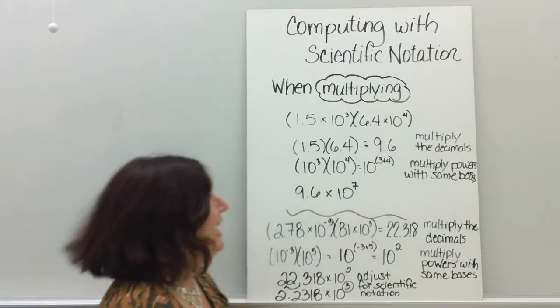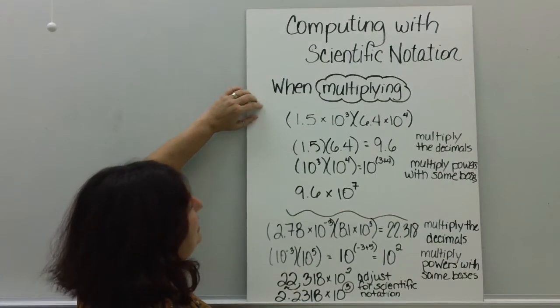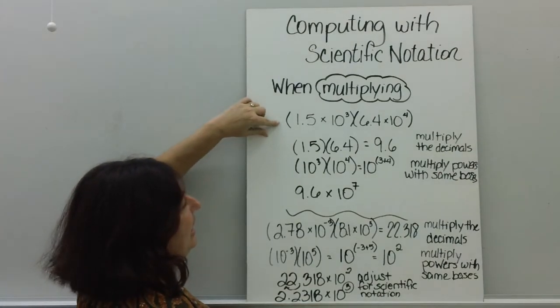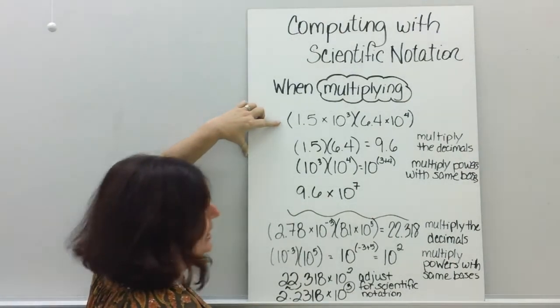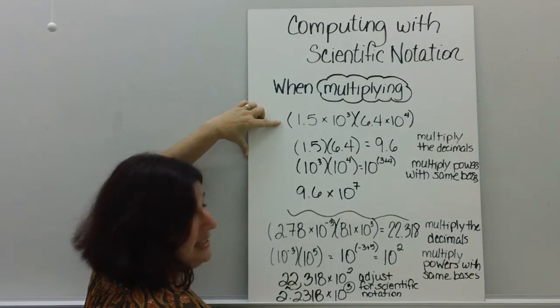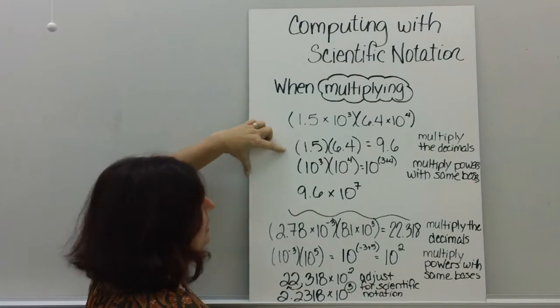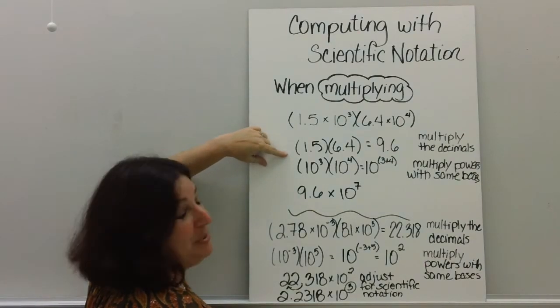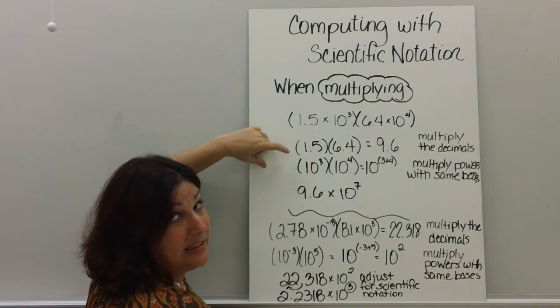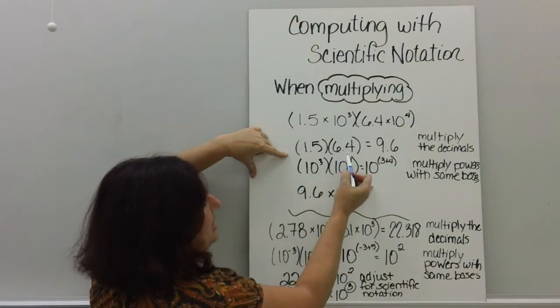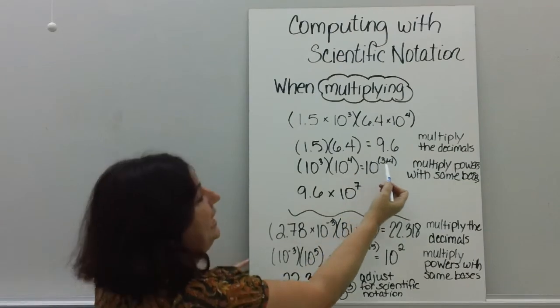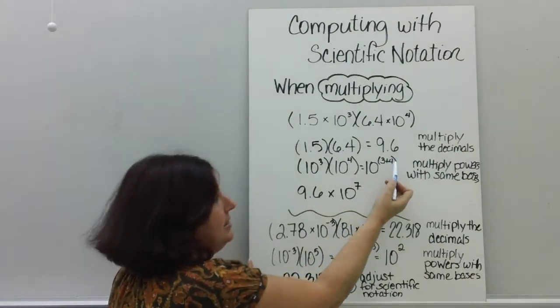Hello, and welcome back. Okay, when I'm multiplying, if I have 1.5 times 10 to the 3rd power times 6.4 times 10 to the 4th power, I'm first going to be multiplying my numbers together. 1.5 times 6.4 is going to get me 9.6.